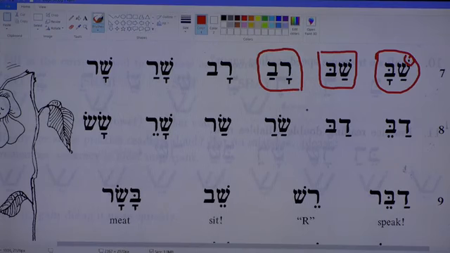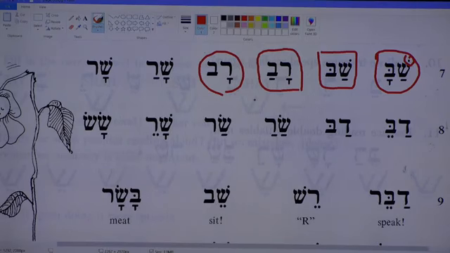What's that one? Rava. I'm over-pronouncing it, if that's a word. Here's where we have two consonants together, the one vowel. These are pronounced Rav. We just pronounce the two letters together with the vowel.